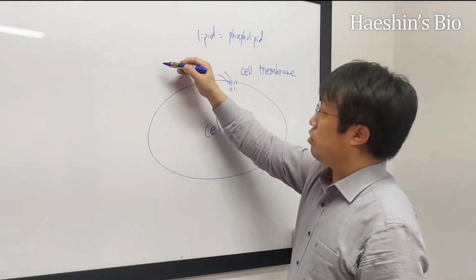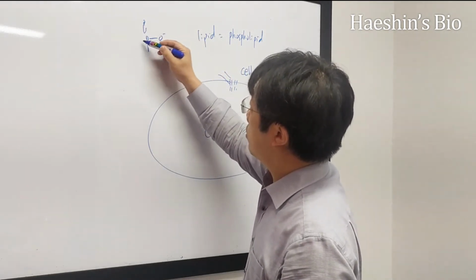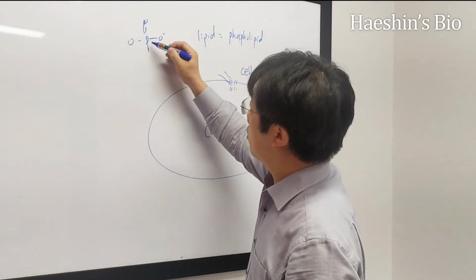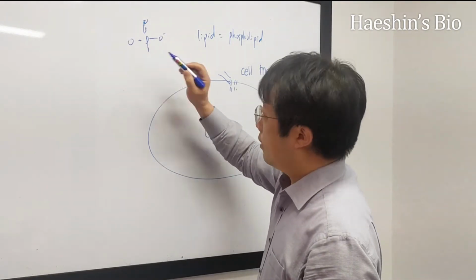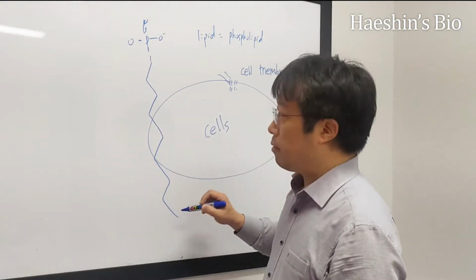This phospholipid structure roughly has a head group, which is oxygen and the phosphate, and then you have some carbon chains below it, right?